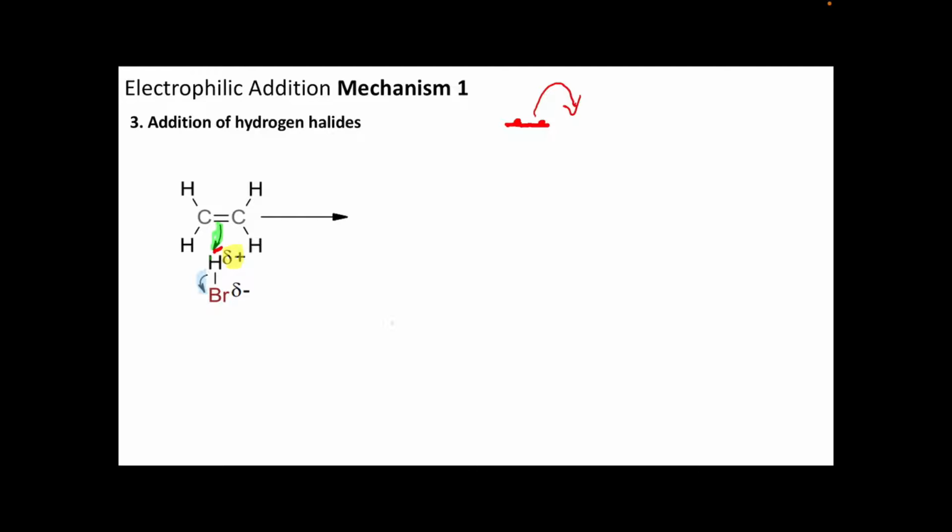Both electrons from the bond move on to the bromine atom, which means you're going to get a bromide ion formed. So we now have 2 species formed. We have our bromide ion, and we have this species known as a carbocation.